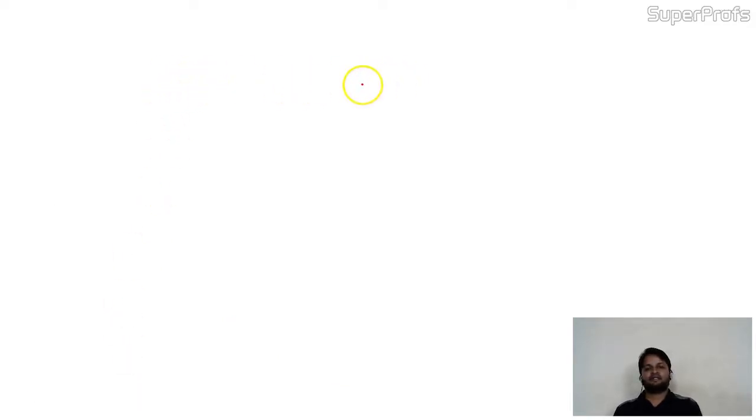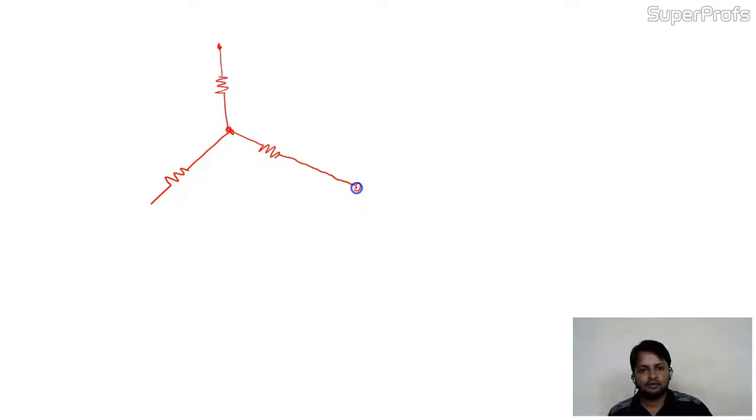I am taking a star connection first. This is the common point for all, like this. You have three points, and the values of the resistances are R1, R2 and R3.